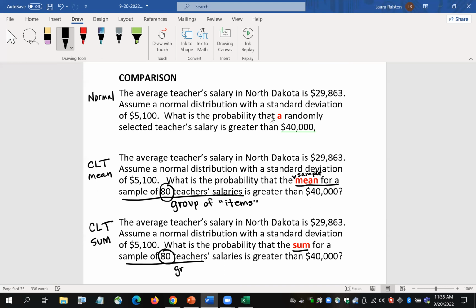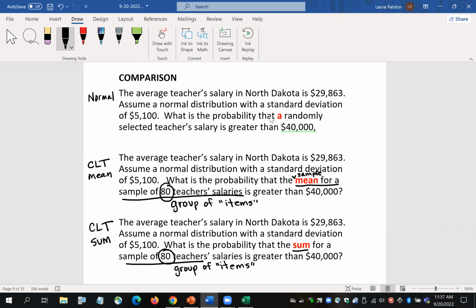For this one, I recognize that I'm going to do the central limit theorem because I have a group of items, and I know I'm going to use the version for the sum because it uses that word in the phrasing. So you've really got to read carefully. It's not something you can rush through or skim over real fast. You've got to read every single word.